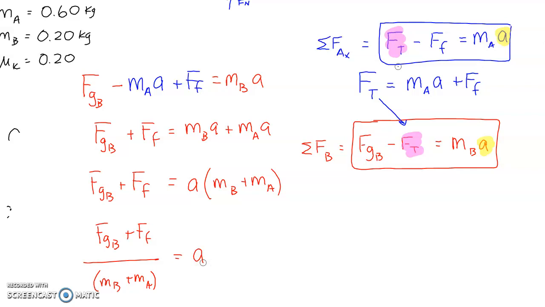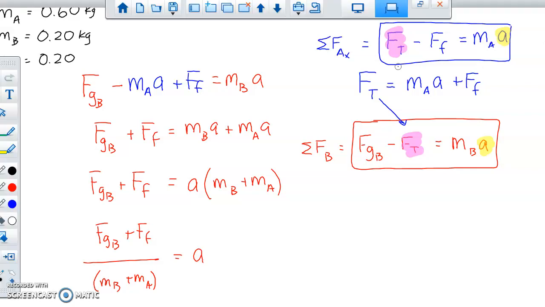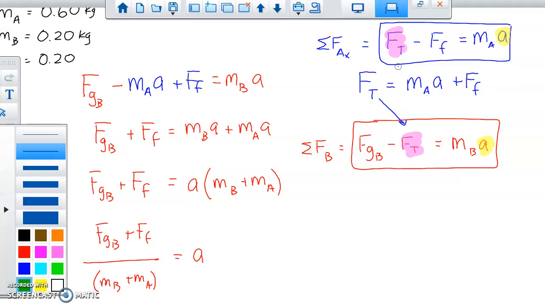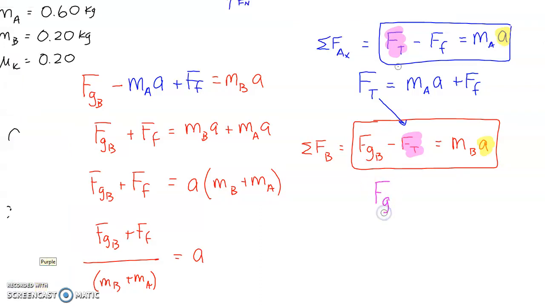The only problem though is, this was a little bit of math, but now we have to do a little bit more physics. What is our Fgb? The way that we get Fg is we use this equation. The force of gravity, or the weight of an object, is equal to the mass times g, which is the gravitational field strength.